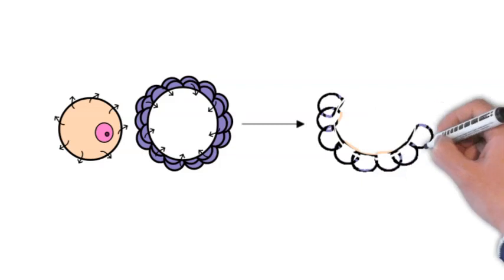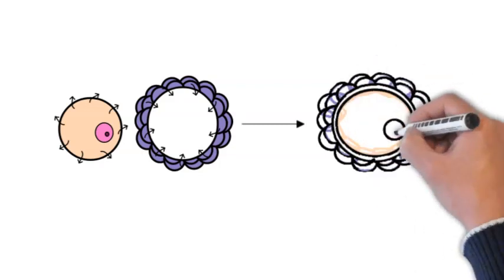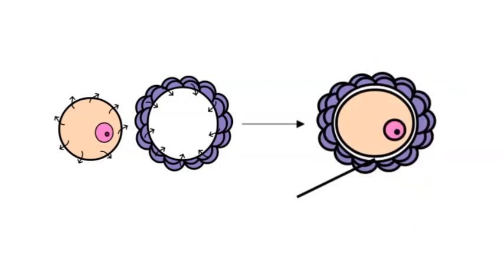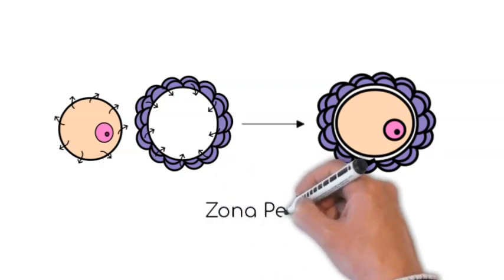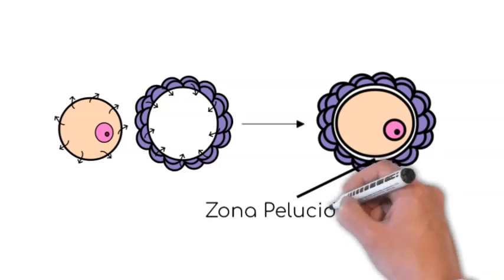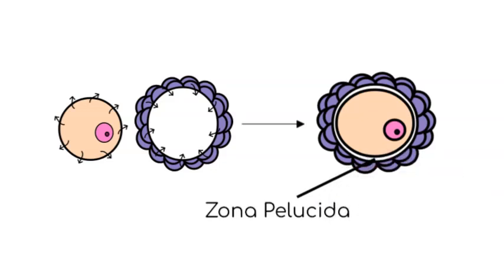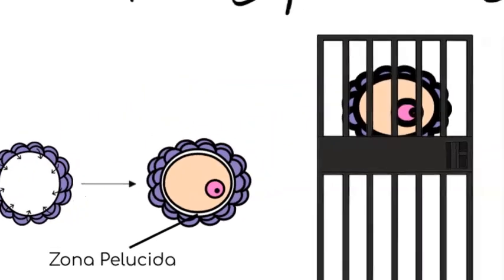These glycoproteins form another circle around the primary oocyte, in between the primary oocyte and the follicular cells. You see it there? That is called zona pellucida. Zona pellucida is a layer made of a meshwork of glycoproteins surrounding the ovum of the primary oocyte, but inside the follicular cells.